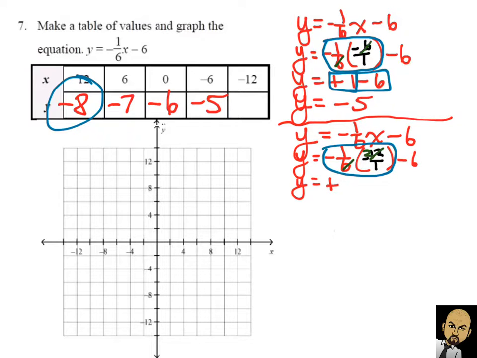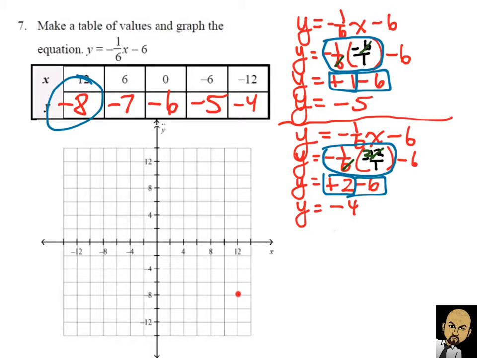And so you end up with 2 over 1, and so you end up with positive 2. And you bring down the negative 6. And then we box our terms. We got 2 minus 6. When we add and subtract, we use war and peace. Are they at war? They're at war. Who wins the war? The negatives, and by how many? 4. And so we have completed our table, and now that makes ordered pairs.